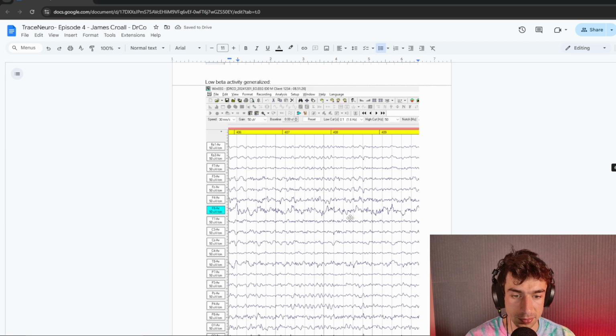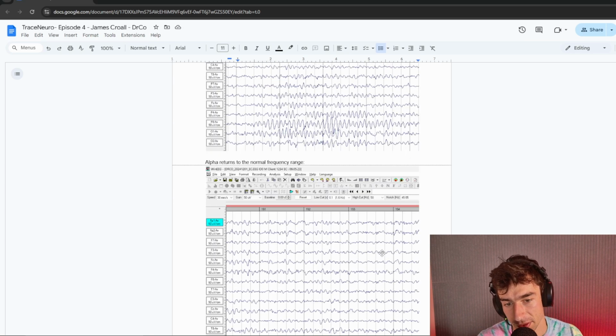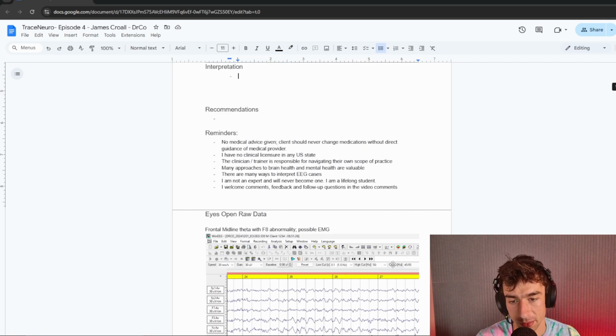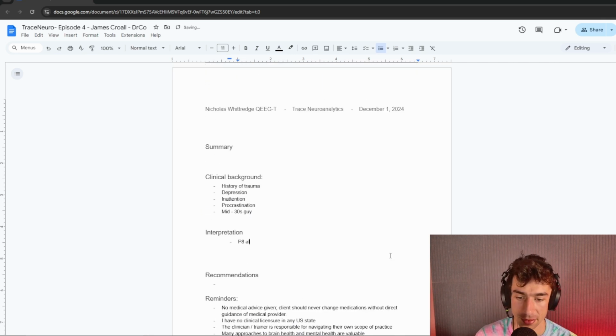So, how do those things relate? Well, we could say the P8 alpha dominance may be associated with symptoms related to PTSD.